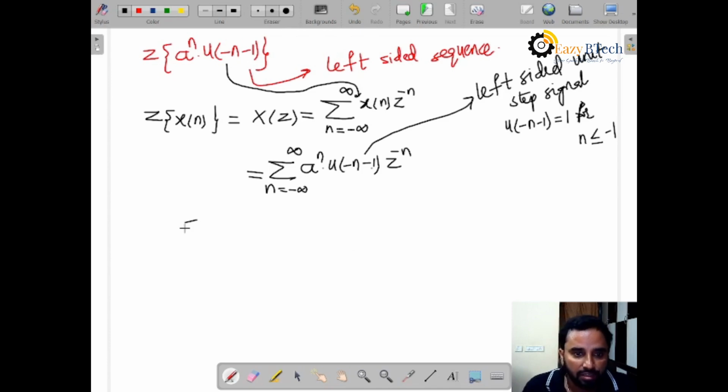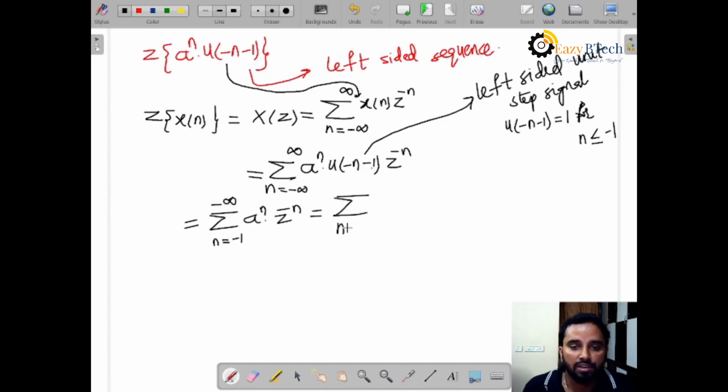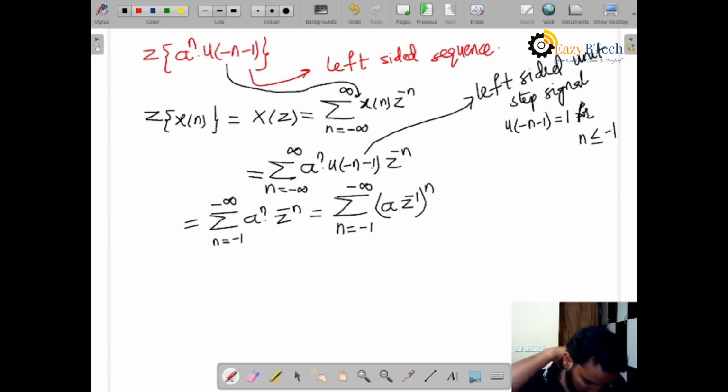So as per that u of minus n minus 1, our limits are minus 1 to minus infinite, a power n, and this value is 1. So no need to write 1, z power minus n. So this total I am writing as n is equal to minus 1 to minus infinite, a z inverse power n, something power n I am writing. As we discussed, whenever we are doing Z transform formula, c power n format or series.